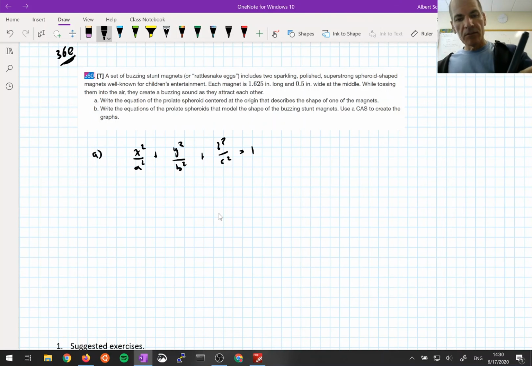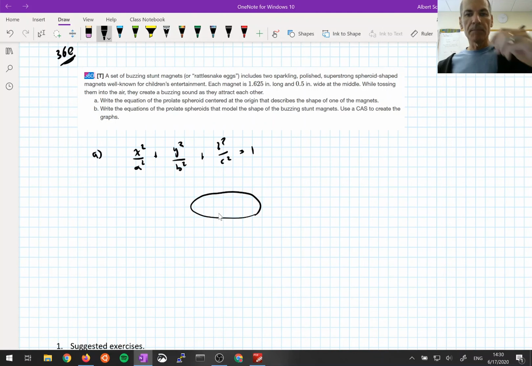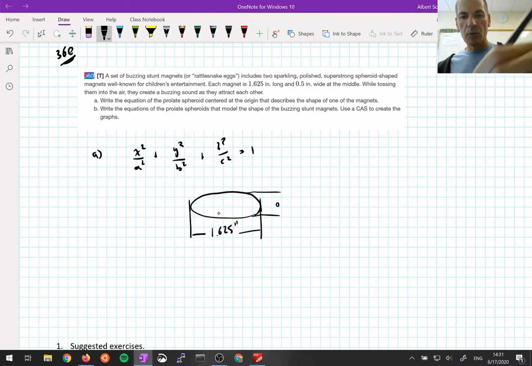And we know that these oval-shaped objects, each one is 1.625 inches long, and each one is 0.5 inches wide. And if you were to take a cross-section here of the ellipsoid, it would be circular. That's the assumption that we're going to make.